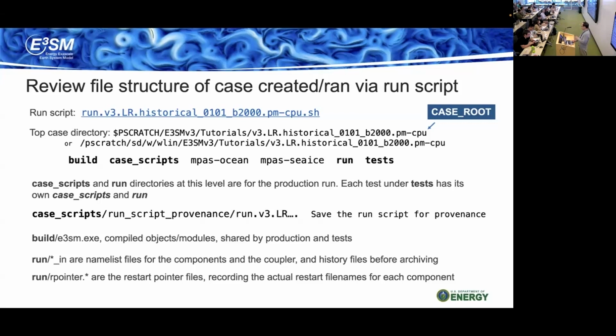Among all these, the production simulation and the test, this build directory contains everything after compile and link together: this E3SM.exe executable, along with the compiled modules and objects, all in this directory if we use this kind of run script structure.